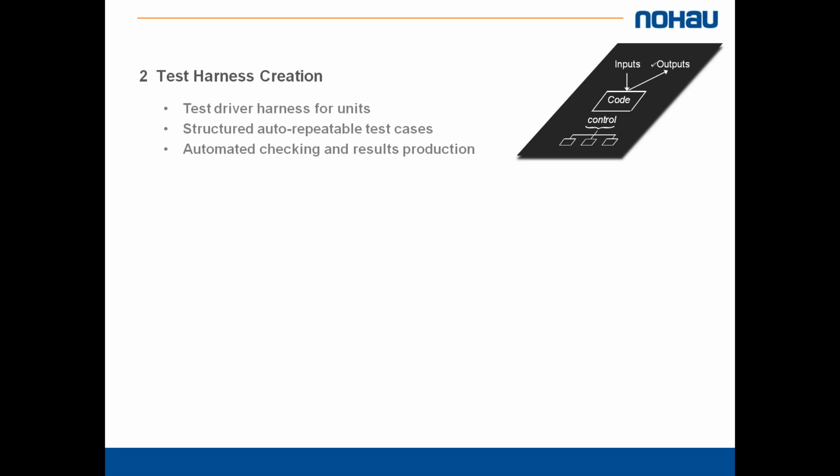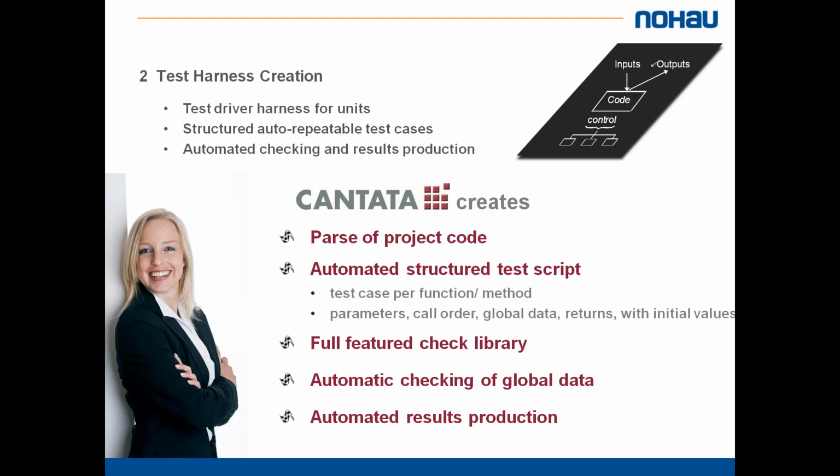And Cantata can automatically create the test harness, which is the software drivers that execute your test, control the results, and report the results. Cantata does this test harness creation automatically for you because Cantata can parse the whole project you have and see what the individual units, the functions, the methods, etc. in your software are, and it can generate a test script framework for each unit automatically.